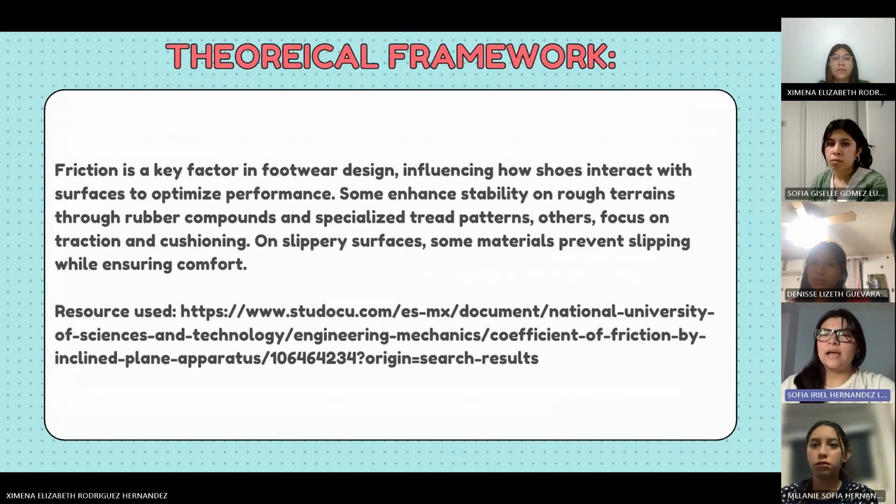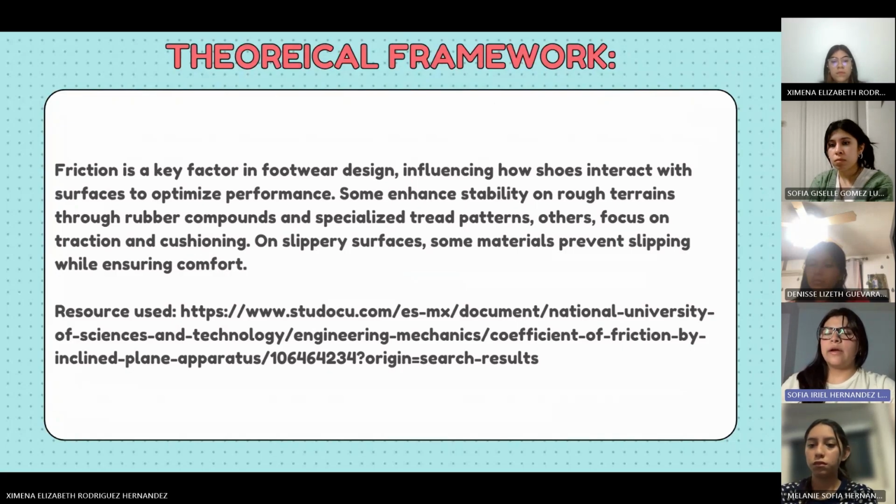Friction is a key factor when we are considering footwear designs. Some shoes are designed to be slip proof, so they have more grip on wet surfaces. But on the other hand, some shoes slide more easily when wet. So it really depends on the material and what the shoe is made for.